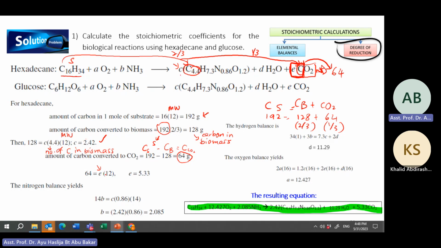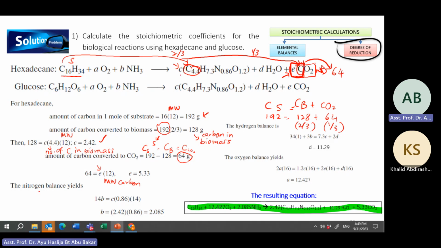E multiplied by molecular weight of the carbon. Then you will get the unknown E. Okay, so now E already get the value.